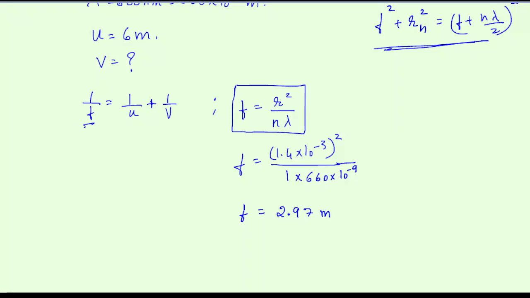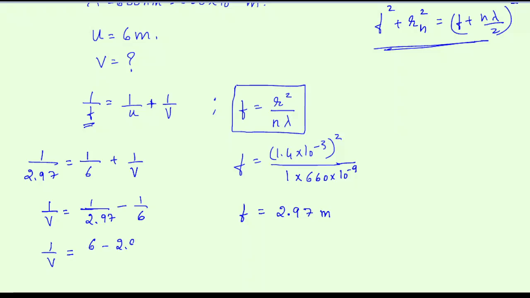Now, let's plug those values here. F is 2.97 equals u is 6 plus 1 by v. Rearranging the values, we get 1 by v equals 1 by 2.97 minus 1 by 6, or 1 by v equals, simplifying this will give us 6 minus 2.97 divided by 6 into 2.97, which is 0.1700.